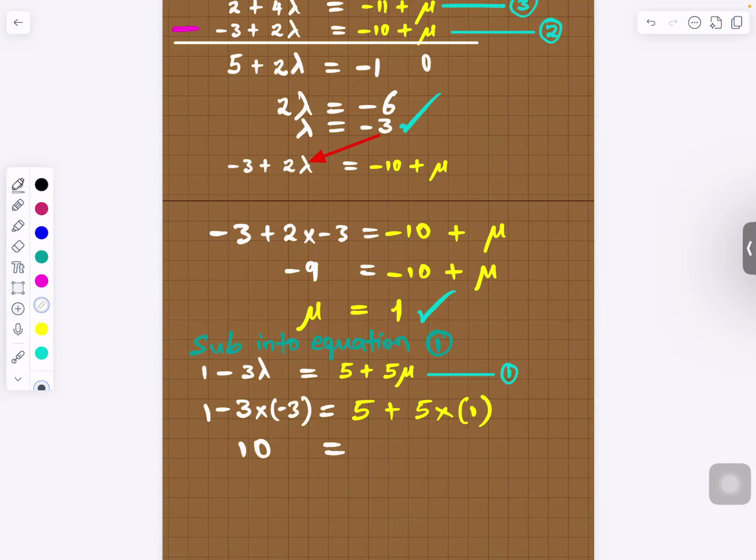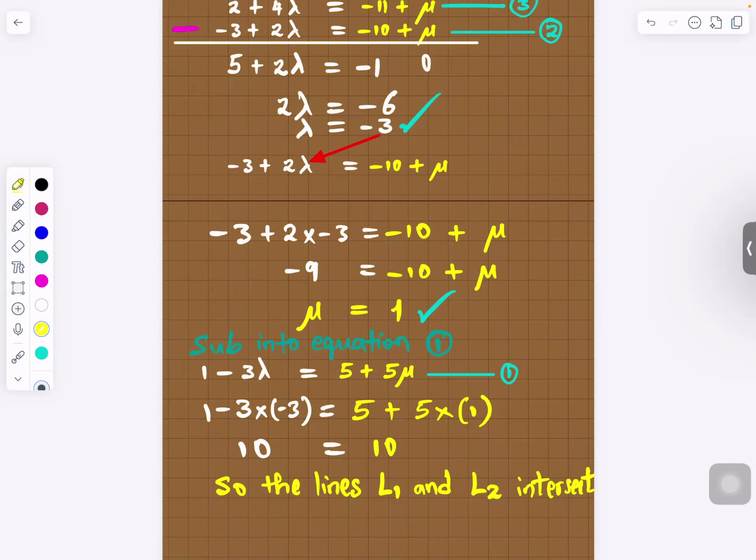The right side, 5 times 1 plus 5 is 10. So the left side is equal to the right side. So they intersect. That's the conclusion. So the lines L1 and L2 intersect.